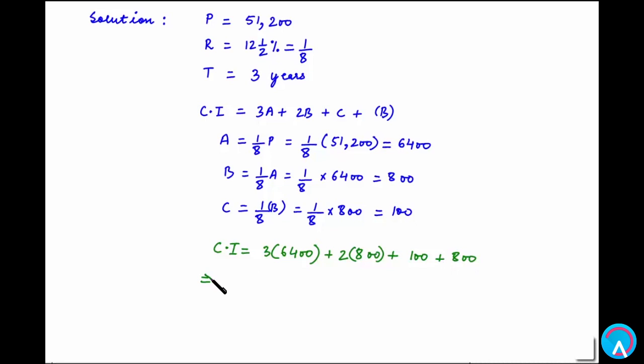So this implies when calculated, compound interest comes as, here we will have 19,200 plus 1,600 plus 100 plus 800. When calculated, this will come as compound interest is equal to rupees 21,700.